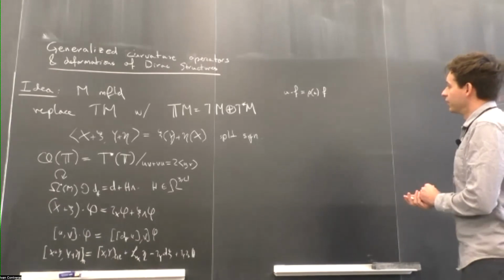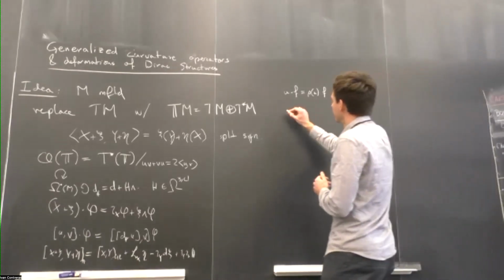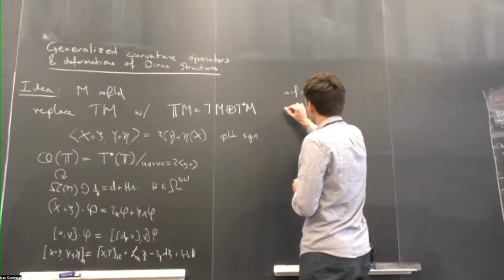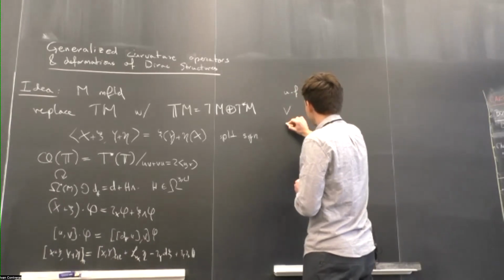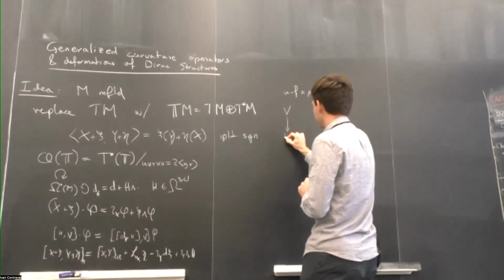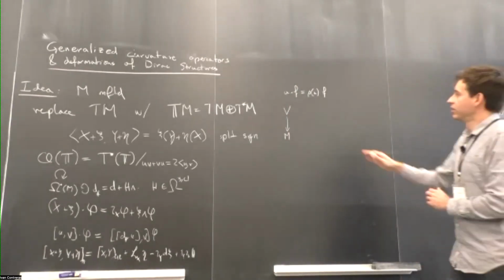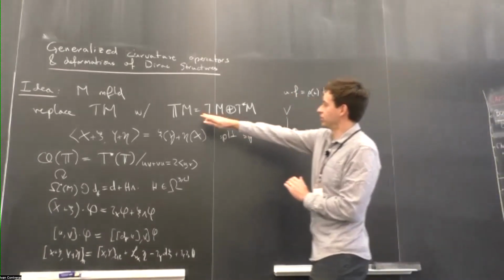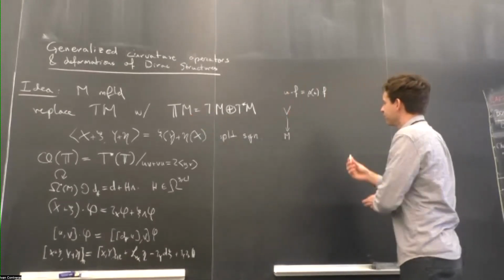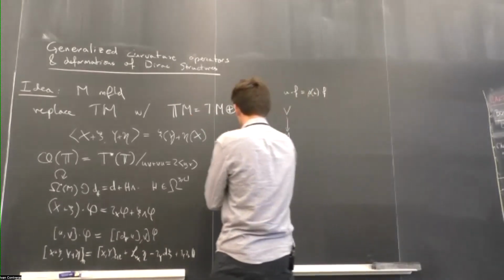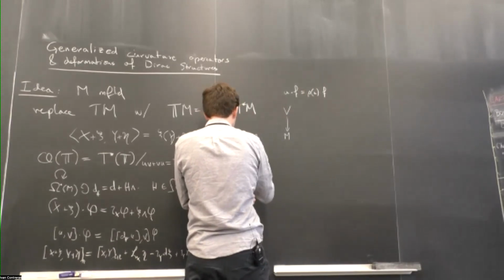And so the next step is if you have some vector bundle over M, and you want to lift this action of bold T onto this vector bundle, you need some idea of a connection. So what is a generalized connection?